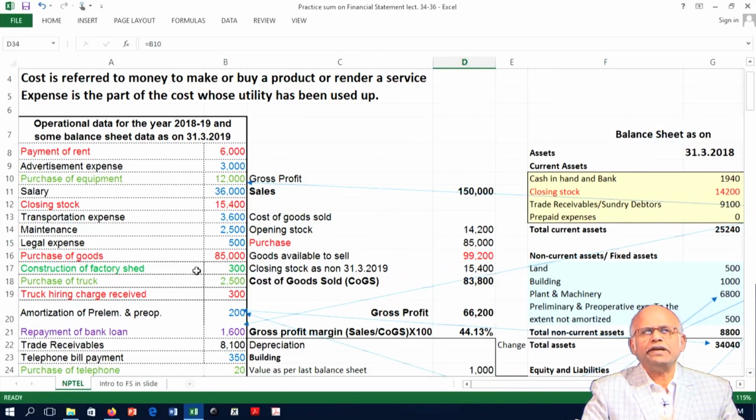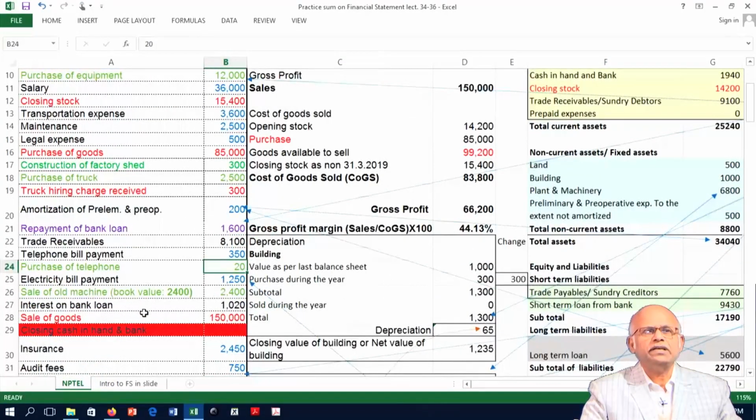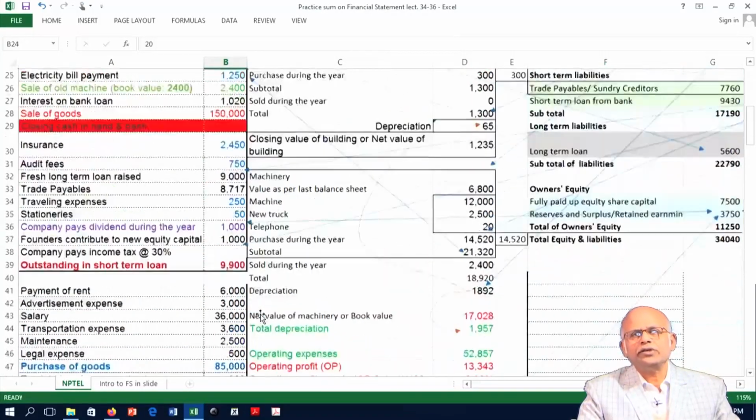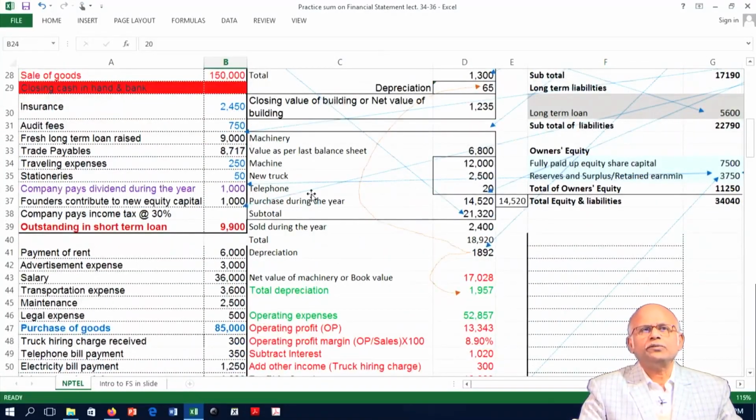Construction of factory shed is a building asset, so we have already considered it. Purchase of truck is a machinery item, purchase of telephone, that is for 20 rupees, is a machinery item. Is there any other? There is nothing. So, we can add them together. Purchase of machine was 12,000 rupees, new truck we bought for 2,500, then we bought a telephone for 20 rupees.